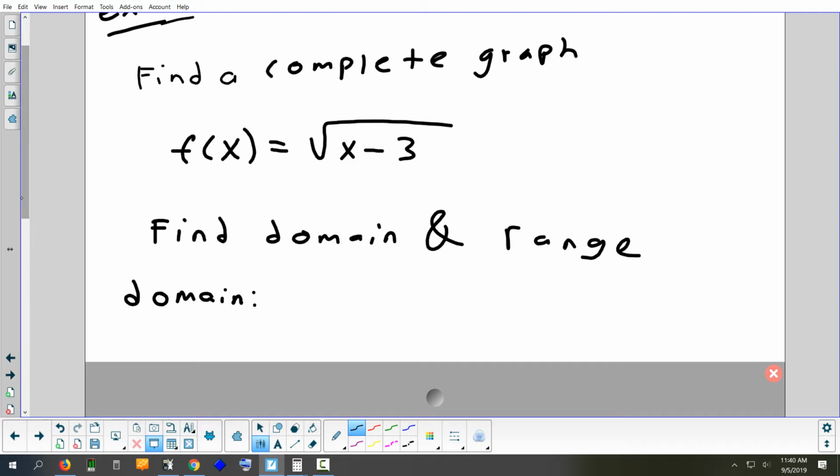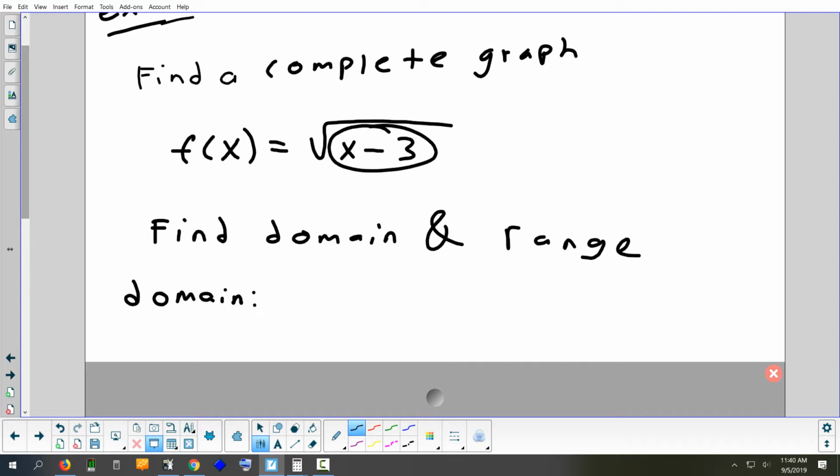This is a square root. So yes, there's something we have to be careful about. You cannot take the square root of what kind of number? Negatives. So you're allowed to pick any x value you want, as long as when you plug it in, you don't get a negative answer.